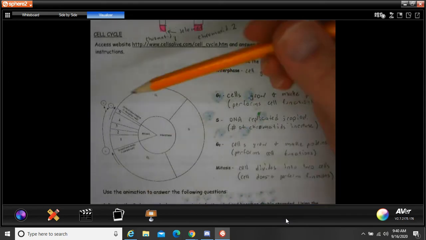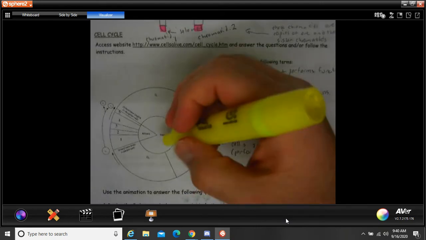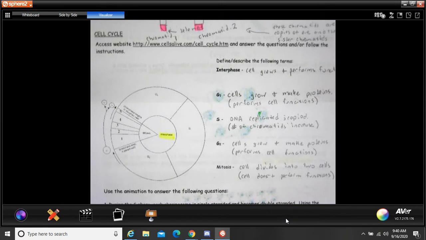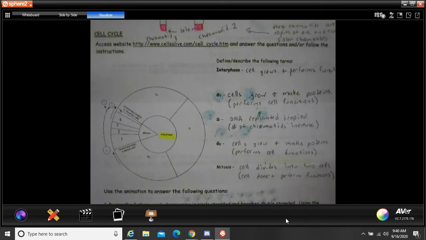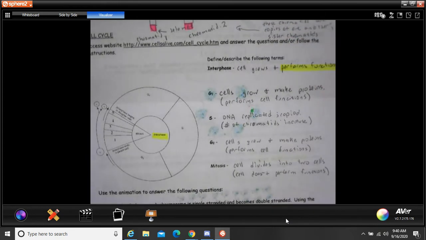So you can see that most of the time a cell spends in its day is going to be in interphase. Interphase is critically important because that is where a cell performs its functions. And your body and any living thing, because it's made up of cells, can't work without cells doing their functions.